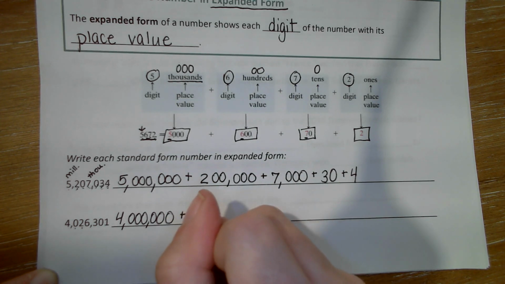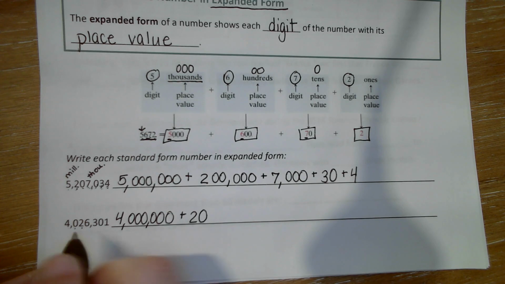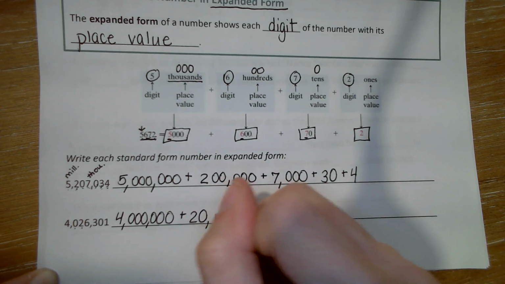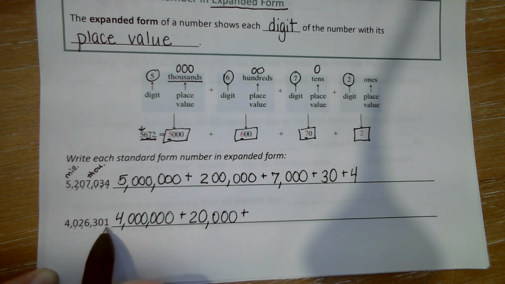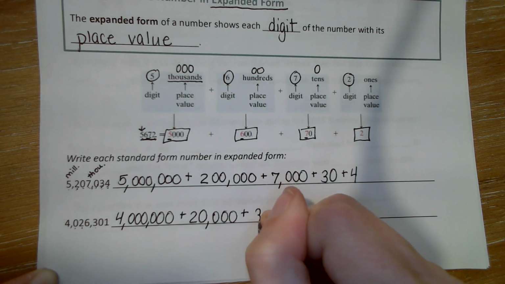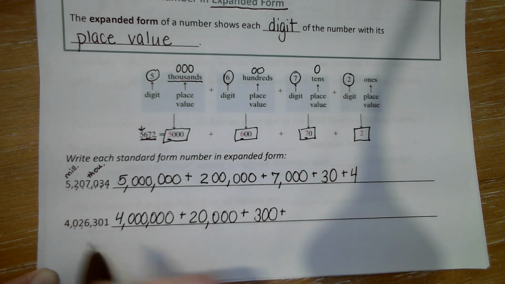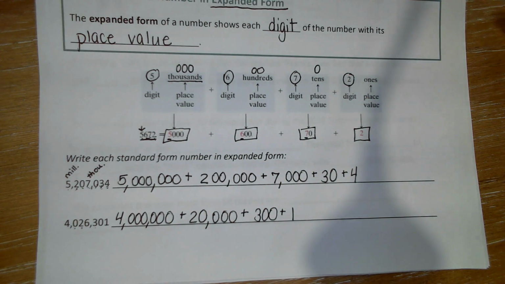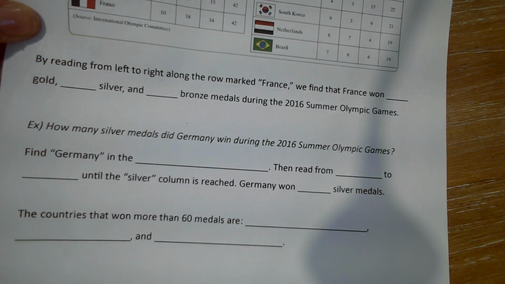I have a 2, then another place value, so I write a 0, then the comma, and 3 more zeros, 20,000. Then I have a 3 in the hundreds place, so I write 300, no commas, and a 1 in the ones place, so I write 1. I skipped over all the zeros because they had no value. All right, let's move on.